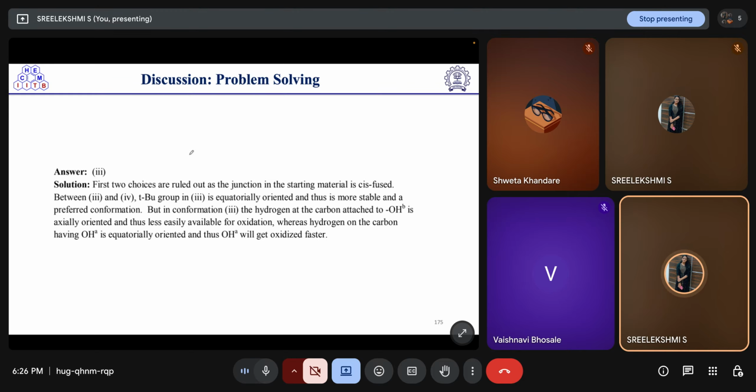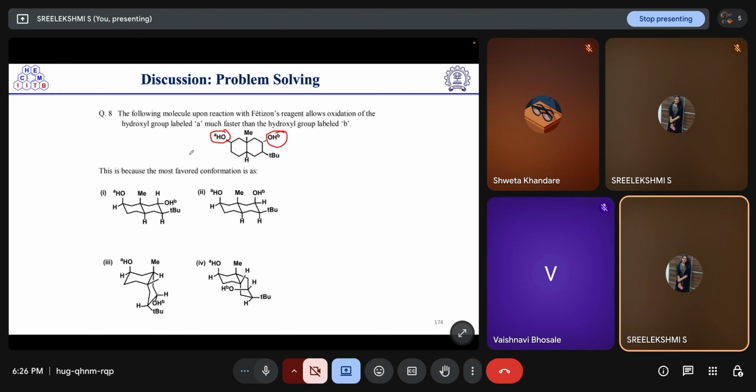So here, as we can see, this methyl group and this proton are in cis conformation. But in the first two options, this is above, this is below, this is also above, this is below. So these two are not the answers because they do not have the same stereochemistry as the starting material. Here this methyl is above, and this junction one is also above.